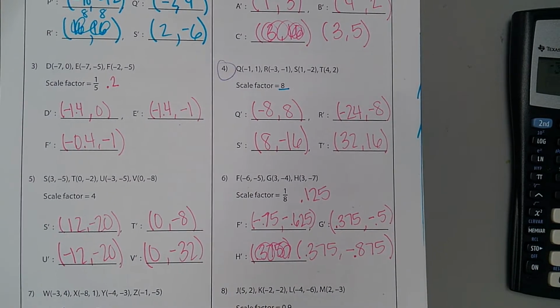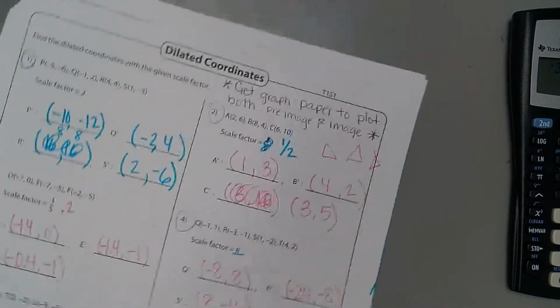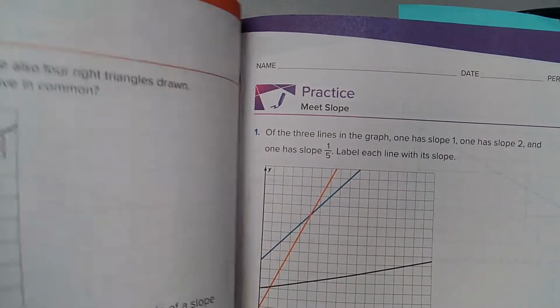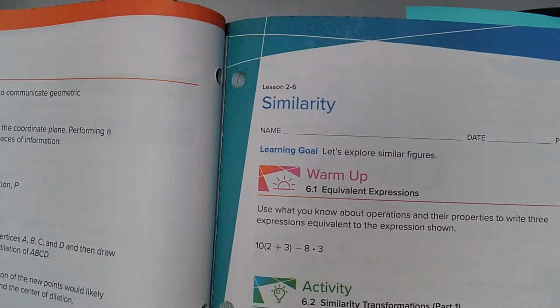Next, we have our books, which you should have open up to lesson 6. If we go to lesson 6, that's 3. Lesson 6, similarity.